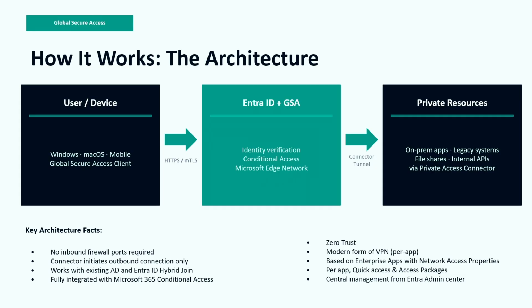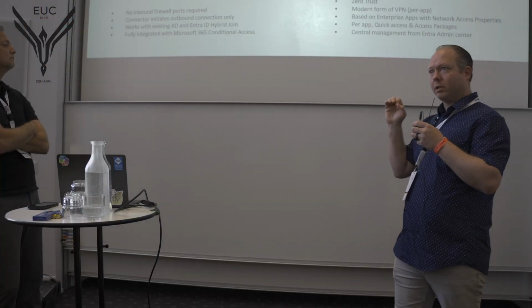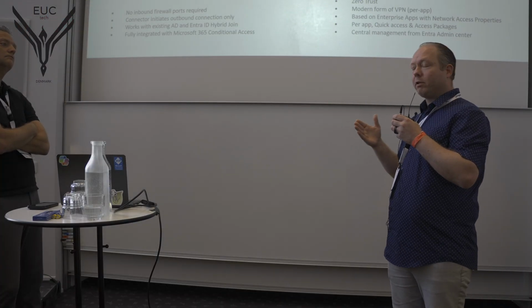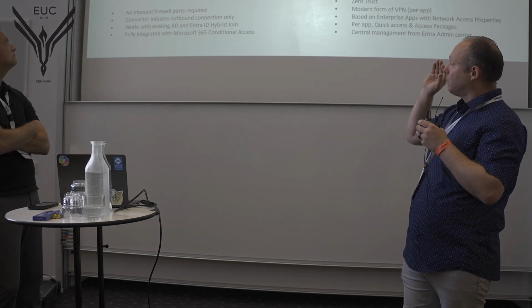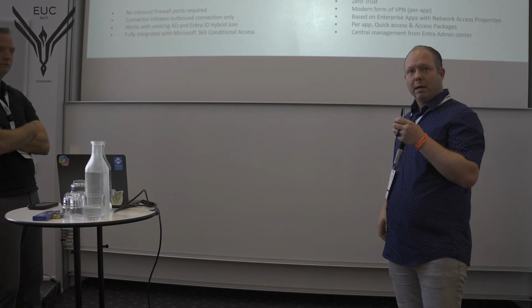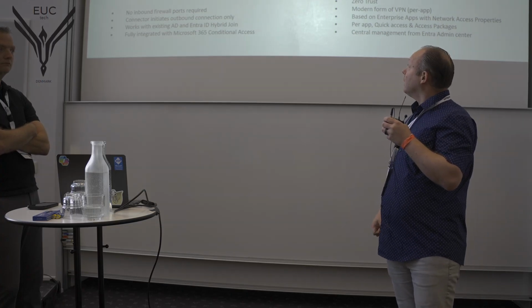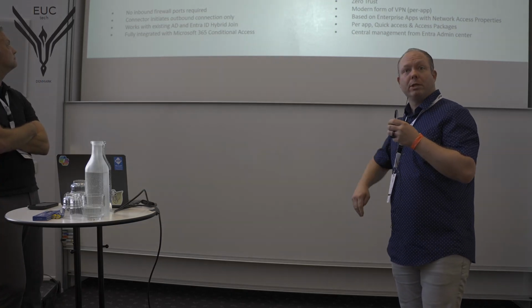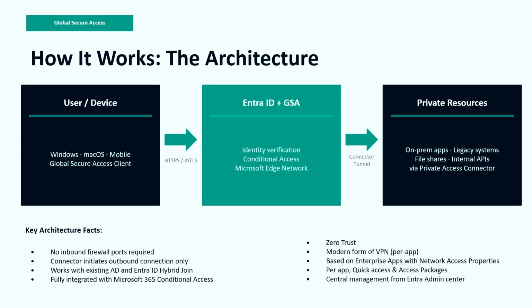For the best experience, it needs a hybrid joined or an Entra ID joined device. And it gets a DNS suffix into its NRPT table, and if it recognizes it's probably private traffic, it grabs it, intercepts it, and checks it against your app segments, your enterprise apps.